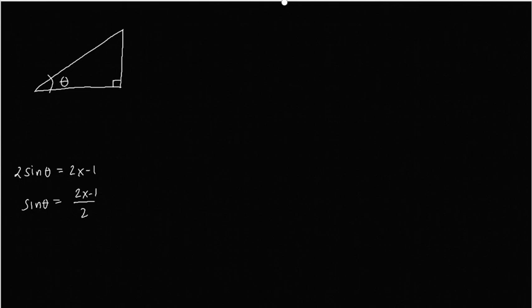So sine of theta is opposite over hypotenuse, which is 2. So this will be equal to what? Square root of 4 minus the quantity 2x minus 1 squared, which is actually the 3 plus 4x minus 4x squared from a while ago.